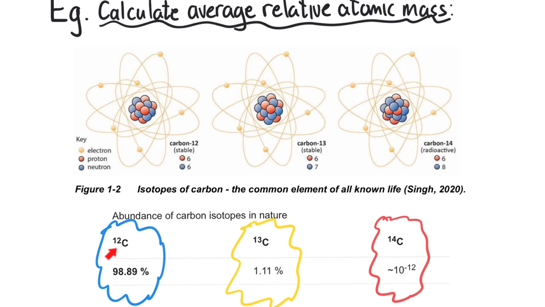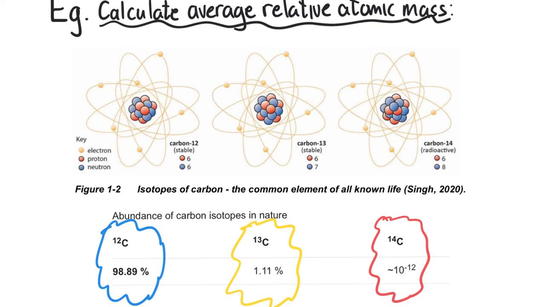But now we're going to look at what we call the abundance of carbon isotopes in nature. So if we had to take a large sample of carbon, and we had to use a mass spectrometer which splits up carbon into its different masses, we would find that in a large sample, 98.89% of the carbon atoms would have a mass of 12, whereas only 1.11% would have a mass number of 13.